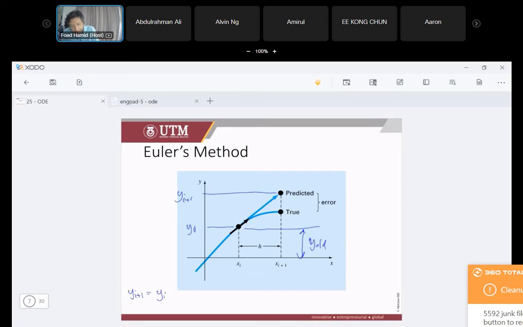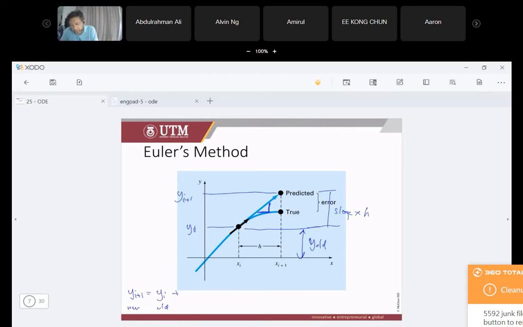So y old plus the slope, and this is the slope times h.